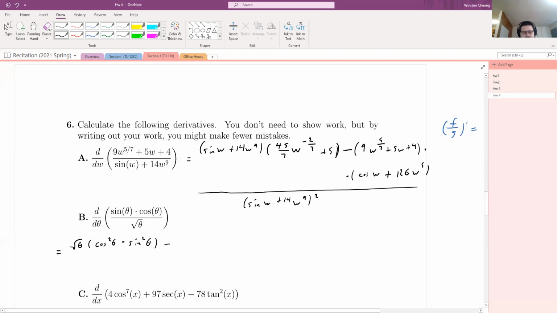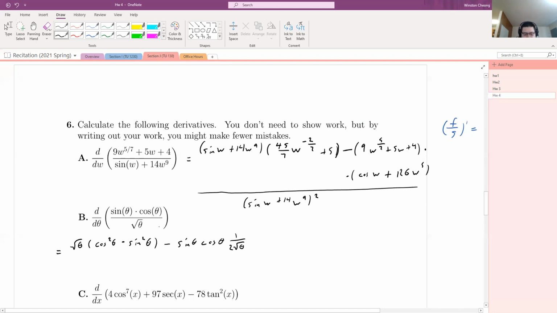And now second half of quotient rule, put a minus, and it'll be numerator times derivative of denominator. Derivative of denominator, it's going to just be this. So that's just a pattern that you can remember, right? If you take the derivative of the square root of x, it's 1 over 2 square root x.